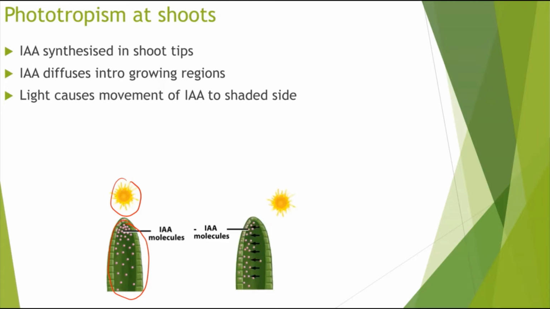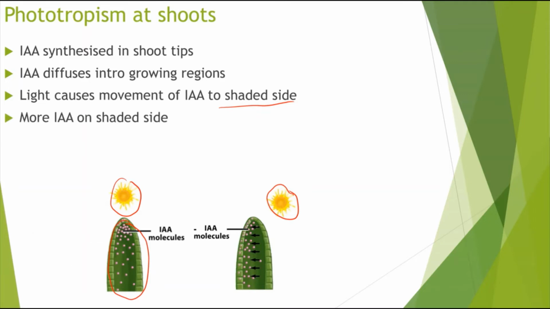As you can see now, because the light's on the right side, it would cause IAA to move away from the right side into the left side, into the shaded side. So this is what would happen when we have light coming through.